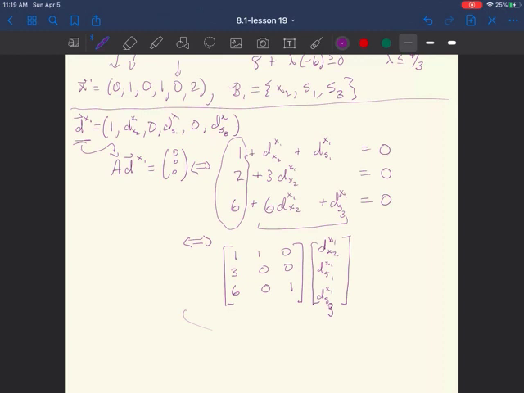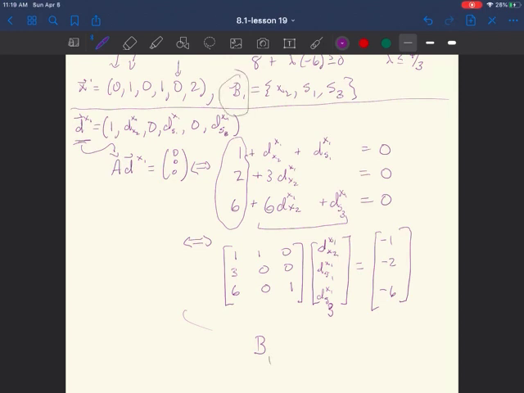Dx1,s1 and dx1,s3 equals the vector -1, -2, -6. Well, what is this?